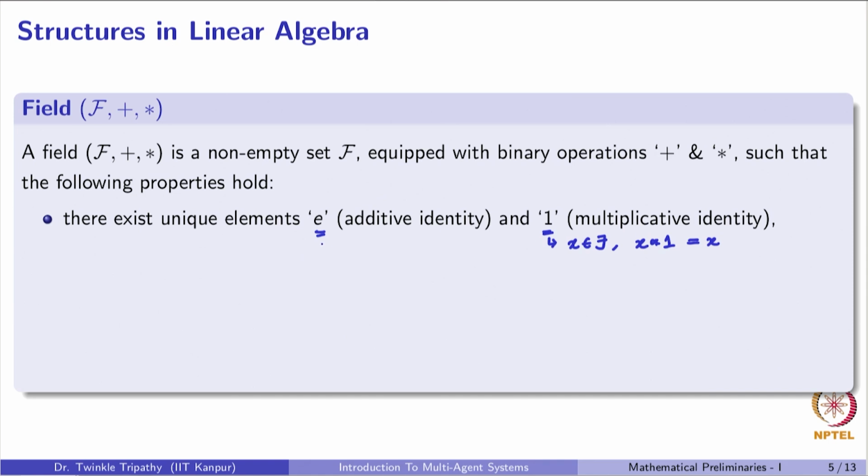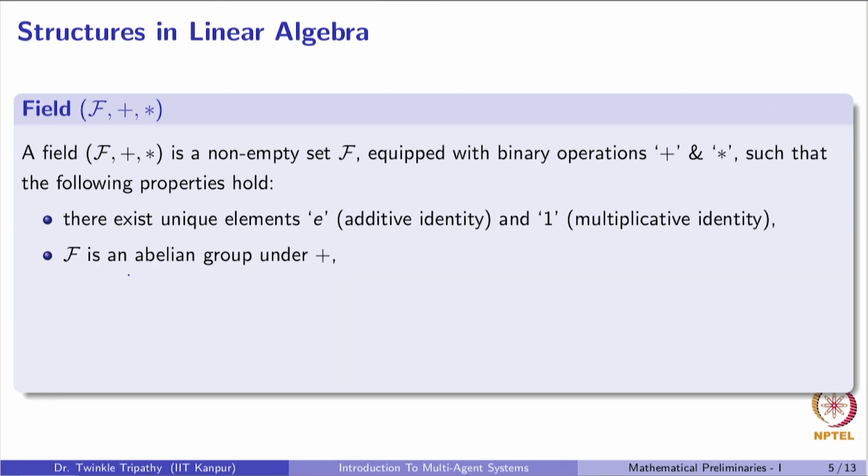Similarly, we have the additive identity: for any element x belonging to the field, x when added with the identity element is x itself. So, these two identity elements must exist in a field.